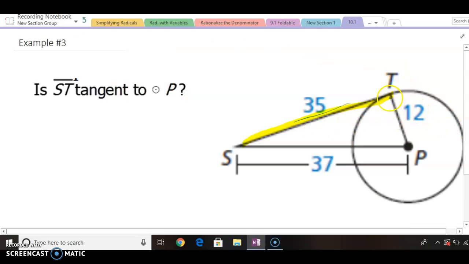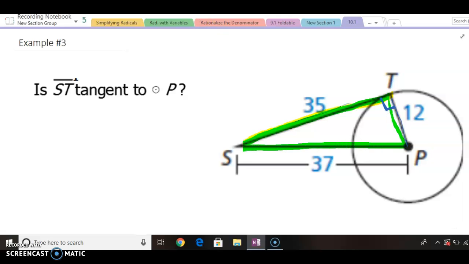So if this is a tangent, here's the radius, and this has to be a right angle. How do we know if it's a right angle? We look at this triangle here. If it's a right angle, then it has to satisfy the Pythagorean theorem, and this 37 is the hypotenuse.